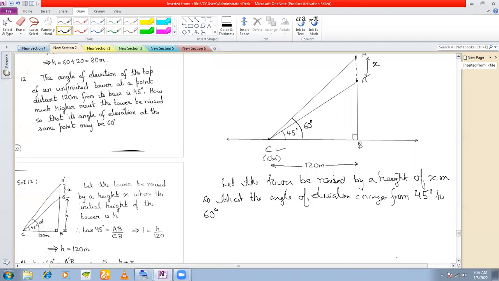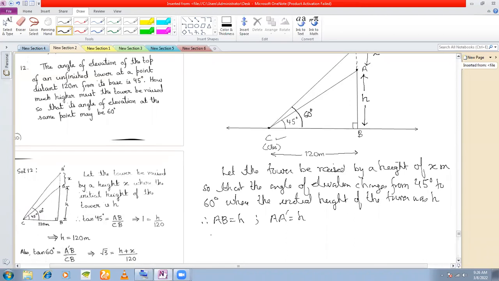And let's say that the initial height of the tower was H. Therefore, AB is equal to H, and AA dash is equal to X.